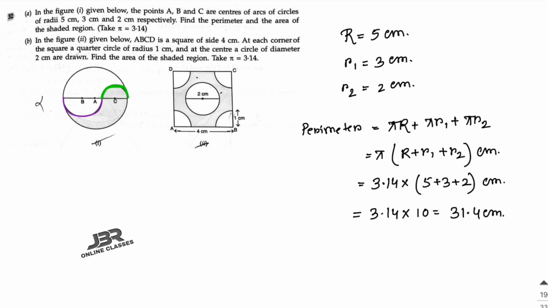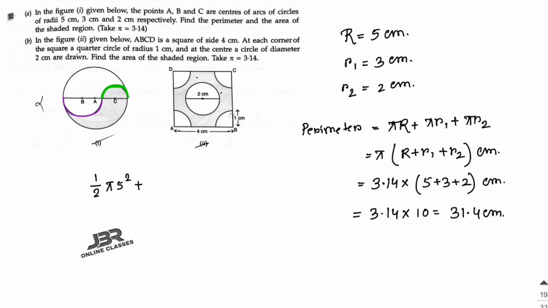Now next one, you have to find the area of the shaded region. In that case, first you have to find the area of the bigger semicircle, that means the area of the circle with radius 5 centimeter. So that one equals half pi 5 square. Then you have to add the area of the smaller semicircle, that means the little one.